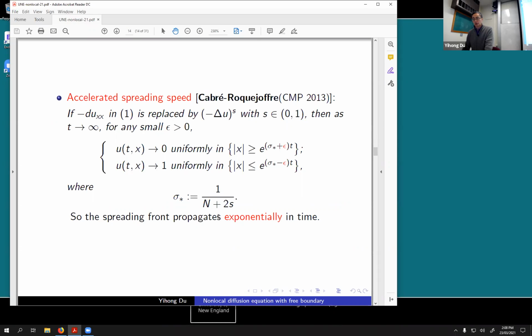That's their result. And this sigma star comes from the dimension and the s in the fractional power, which is between 0 and 1. Okay, that's basically what people have done for the classical Fisher-KPP equation. You replace the local diffusion operator by a non-local one, and you have accelerated spreading.